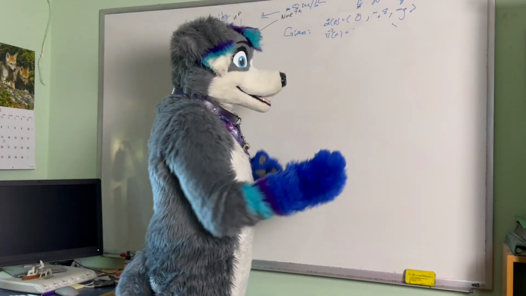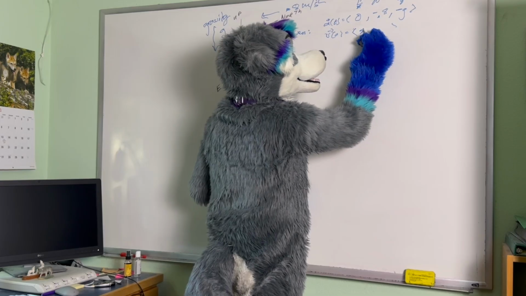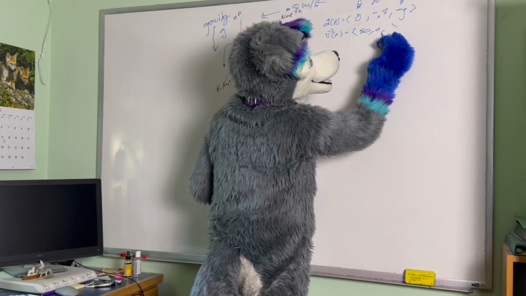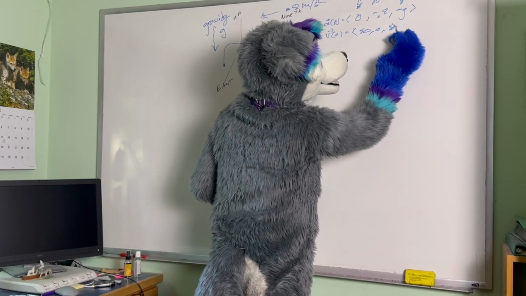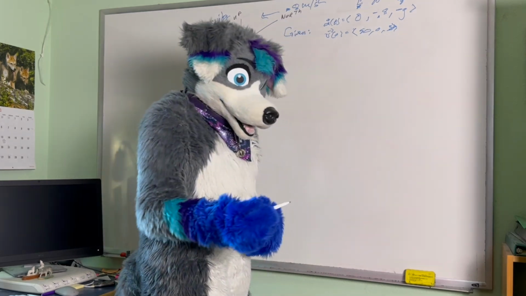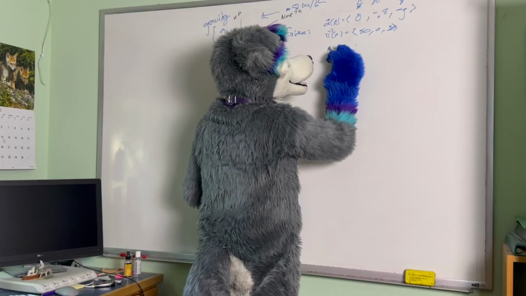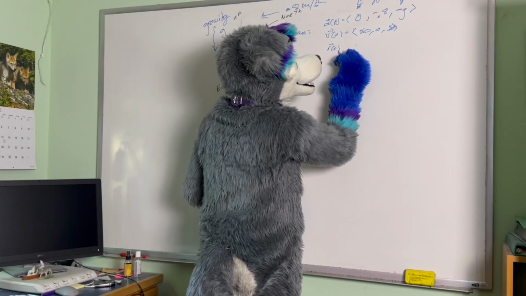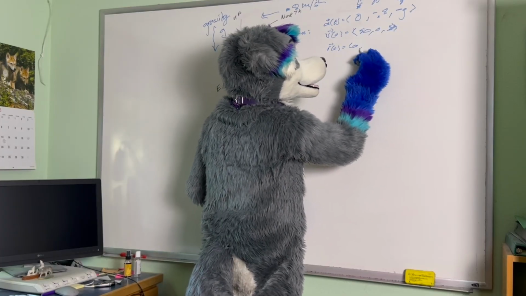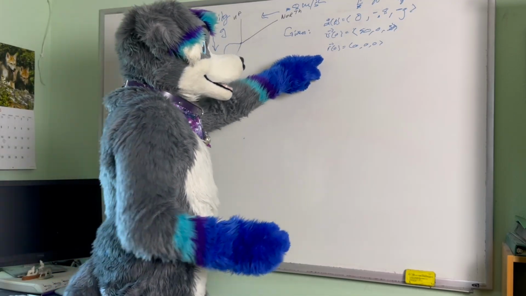So we're given just in the problem, our initial velocity is 50, 0, 30. And our initial position, so that will be r of 0, is just at the origin. So we can use this. We want to find r of t.